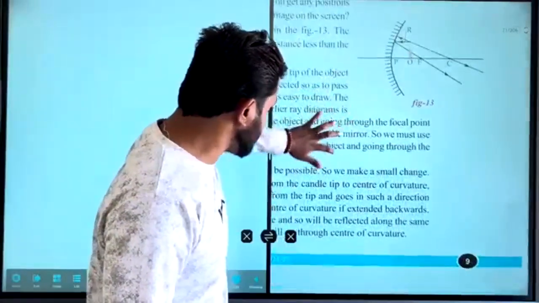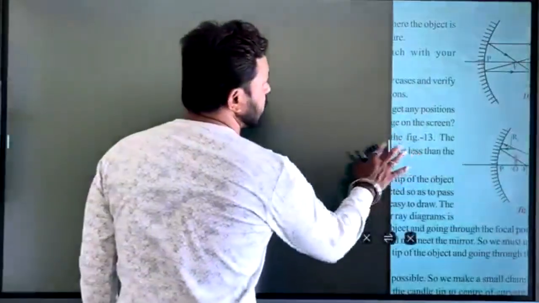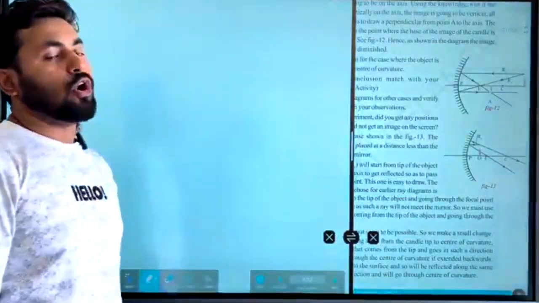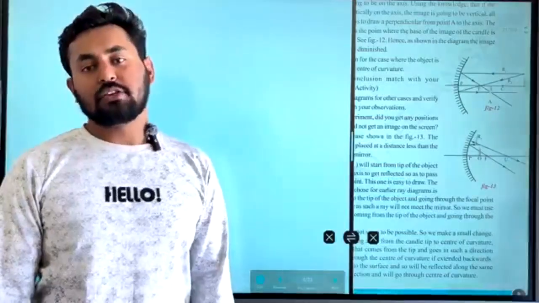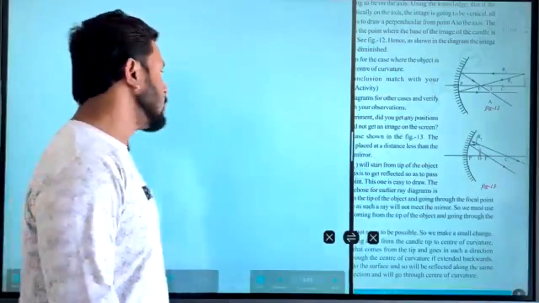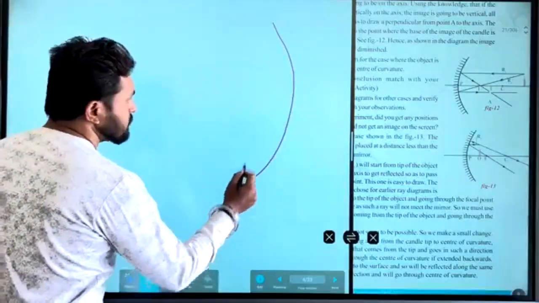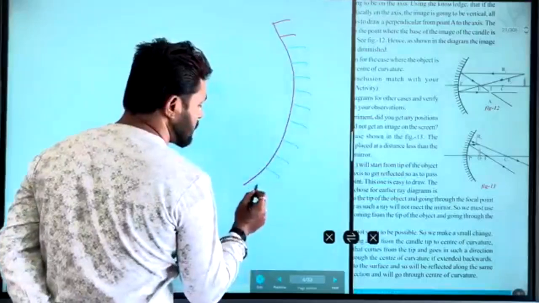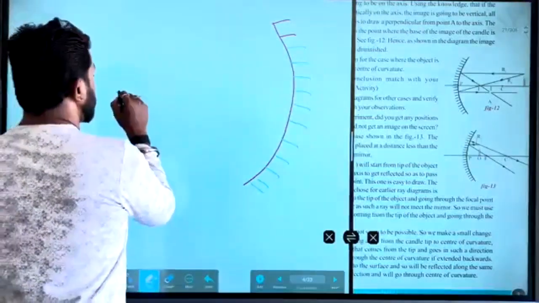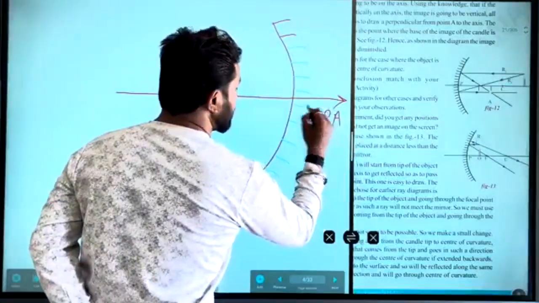Again, moving on to the third case. This is not the third case you have; let me draw it myself. The third case says that the object is at the center of curvature. Let's say this is a mirror, and this is the principal axis, PA.